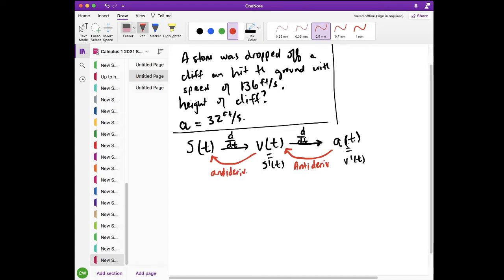There's one thing, though, when you take the antiderivative: is the antiderivative of a of t exactly v of t, or is there something you need to account for, up to what? Is it exactly v of t, or is it anything else?